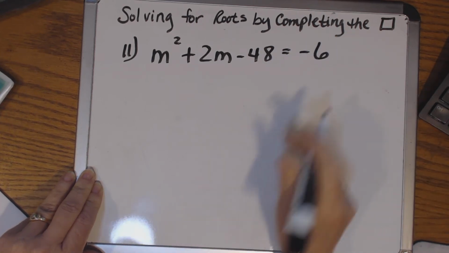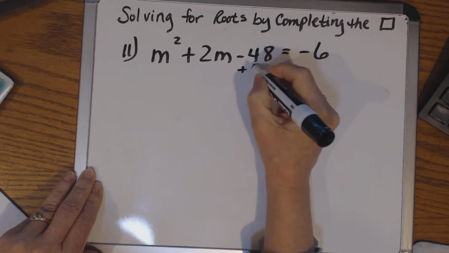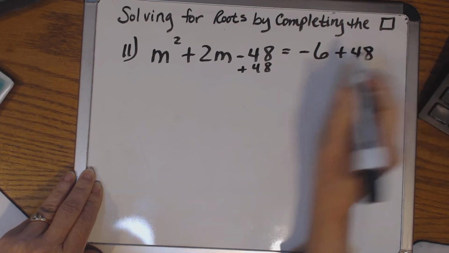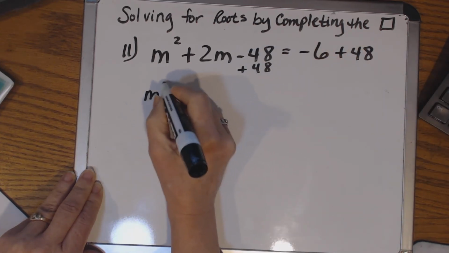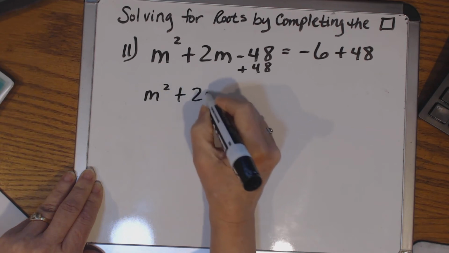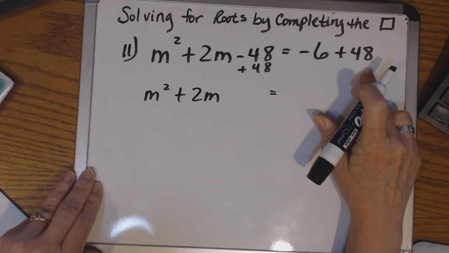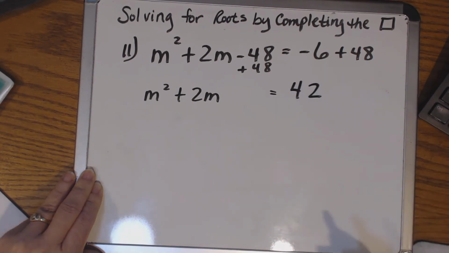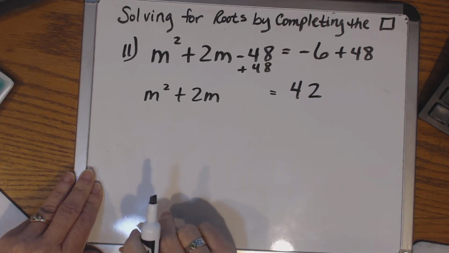Okay, again, I'm going to move that negative 48 over. I'm going to add 48 to both sides to clear that out, and that gives me something that I can complete the square with, okay? Negative 6 plus 48 would be 42, okay? So now I can see I'm not going to get an integer answer because that is not a perfect square.